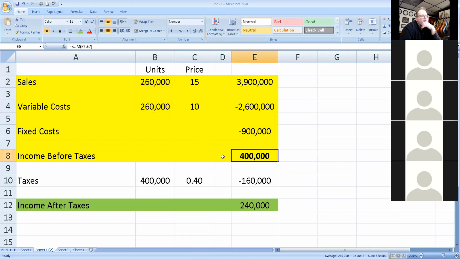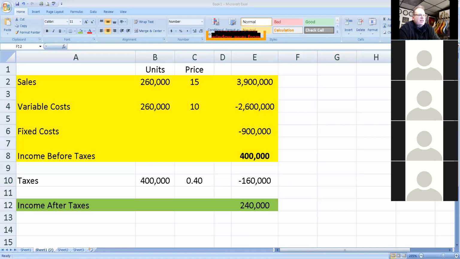But this is what happens. Our before tax income, we've got to get 400,000. We know the government's going to take 40% of it. So to have an after tax income of 240,000, we've got to make a before tax income of 400,000.